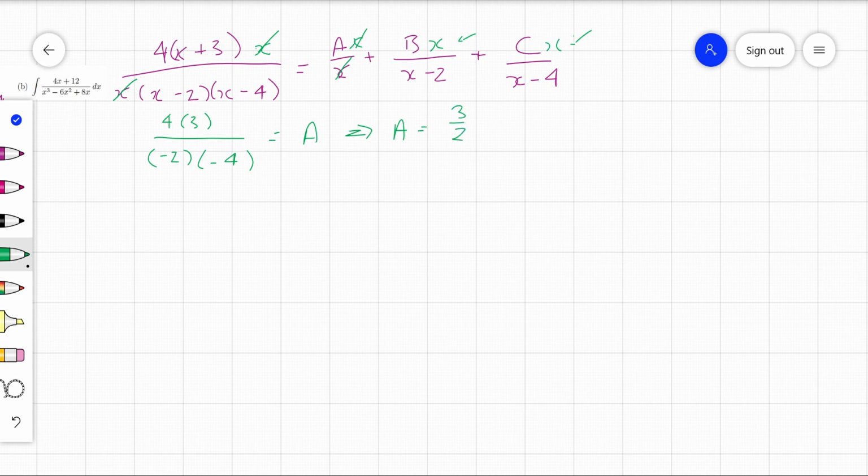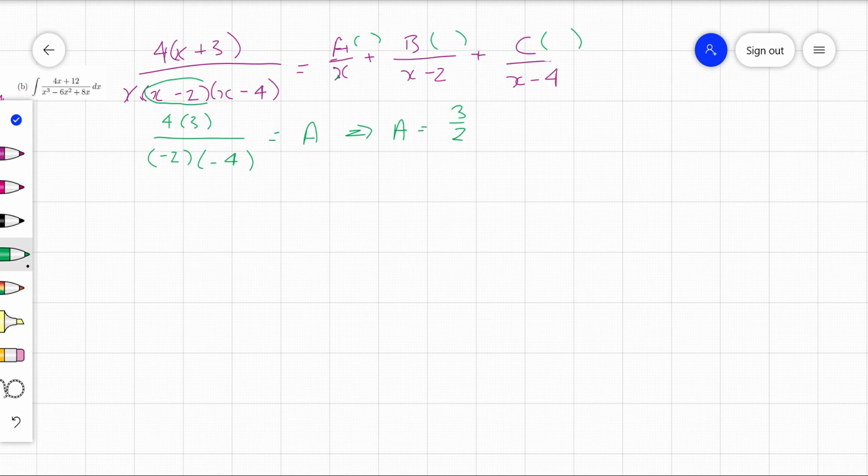We can do the same thing if I put my x back in here. Doing the cover-up with x minus 2, what we're doing is multiplying everything by this x minus 2, so you'll have the x minus 2 there, there, and here.